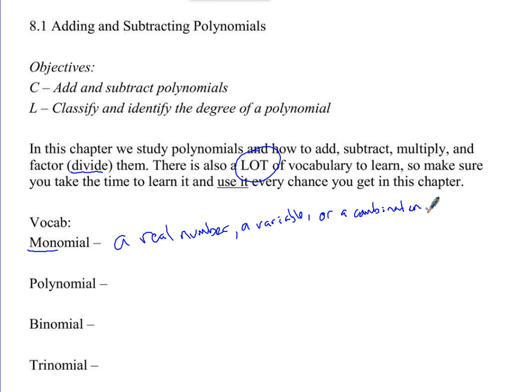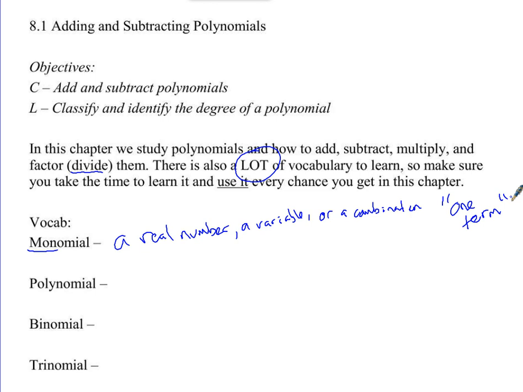The mono part means basically what you have is one term. That's it. That's a monomial. If all you see is one term, then you have a monomial. And if you're not sure what a term is, you'll know here in a couple minutes.